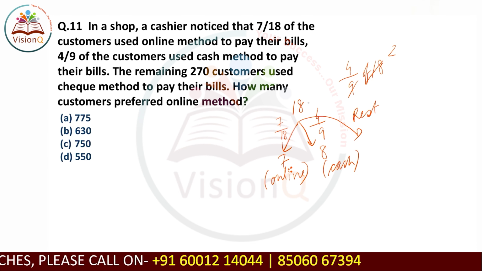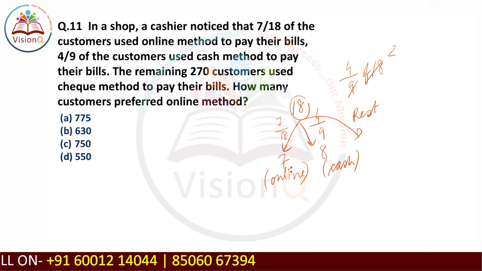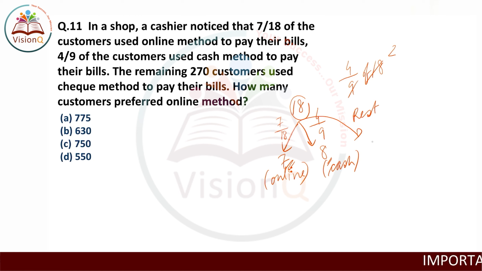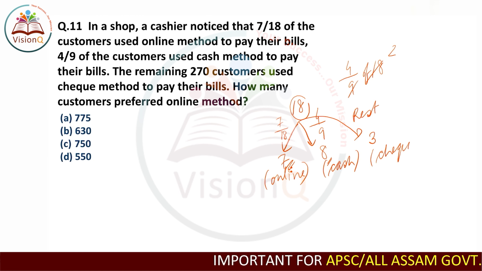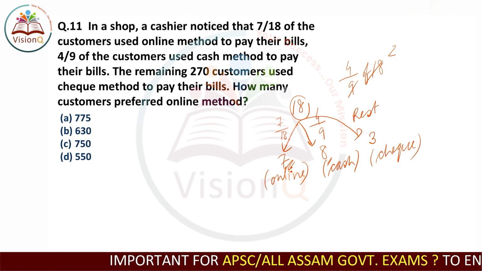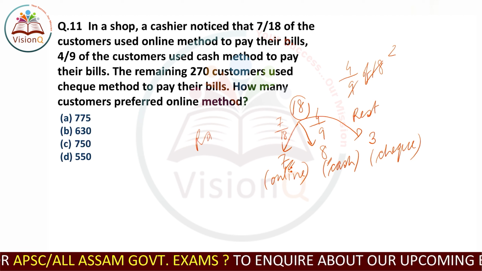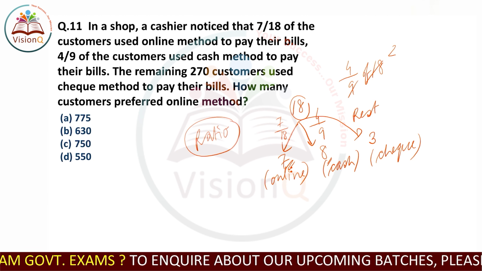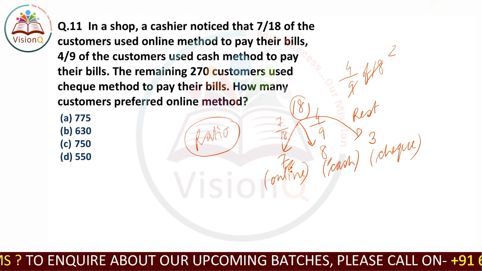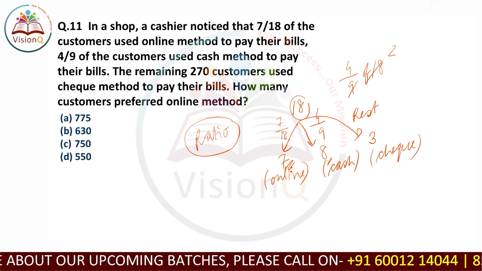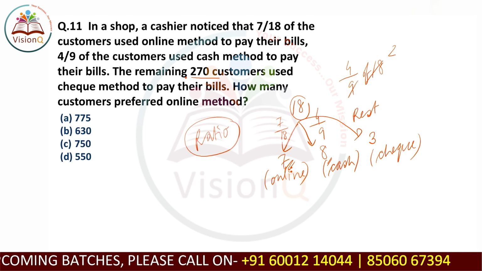As per our assumption, out of 18 customers, 7 used the online method and 8 used the cash method. The remaining, 18 minus 15, that is 3 customers, will use the check method. So 18, 7, 8 and 3 are as per ratio because I have assumed these values. But in the question, the customers who use the check method are 270.